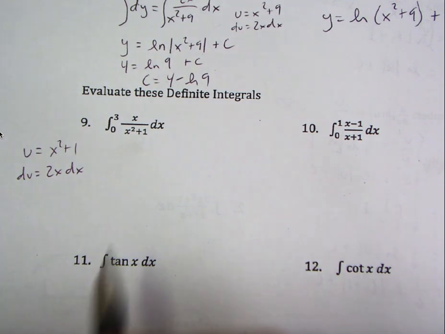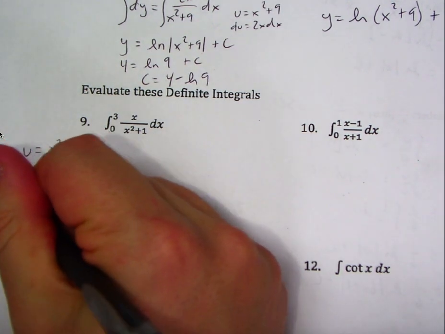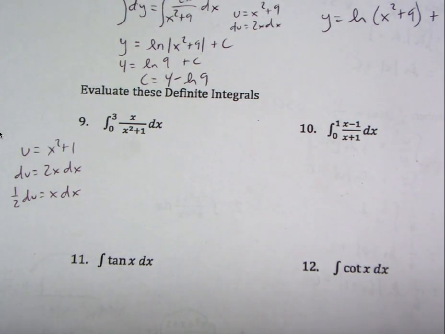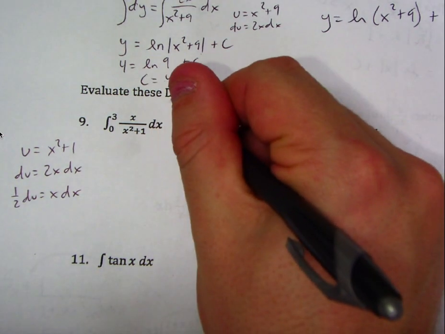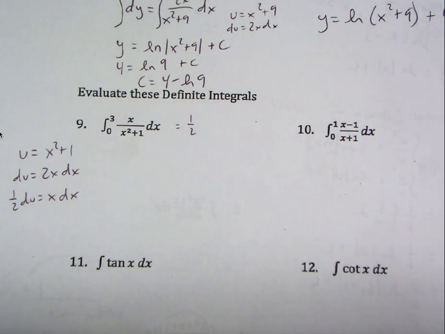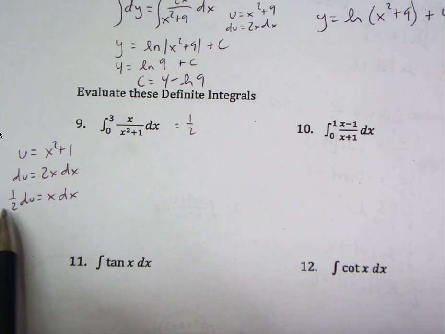I'm trying to replace x dx, so 1/2 du equals x dx. So now I'm going to have 1/2, don't forget that 1/2 here. When I first started doing these, especially just u sub in general, when I started teaching, I would always forget about this, the 1/2. I'd forget to put it out in front.